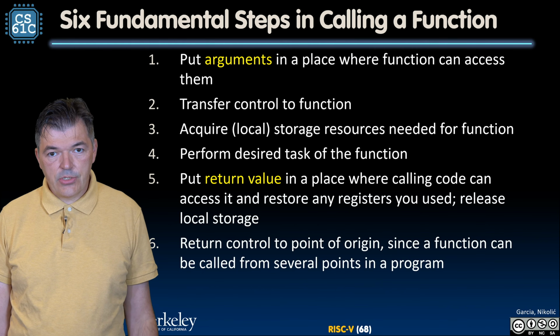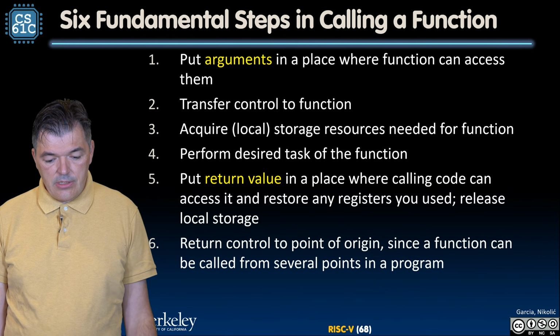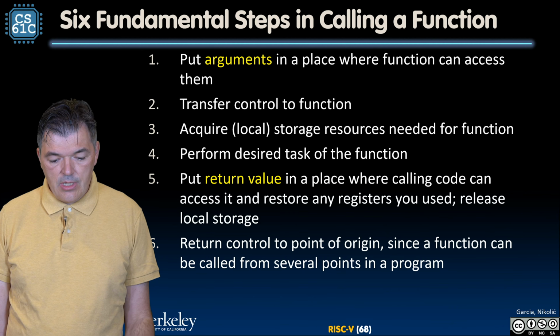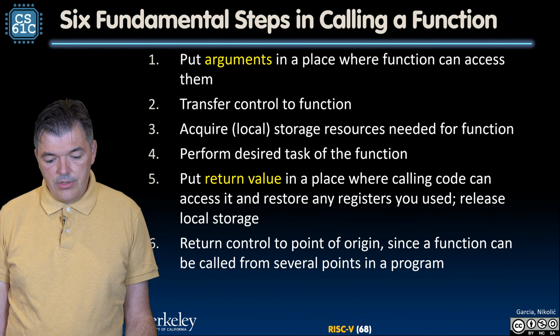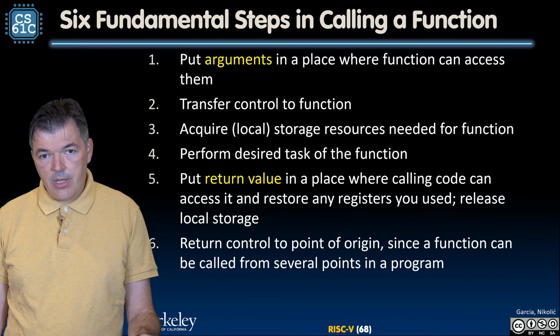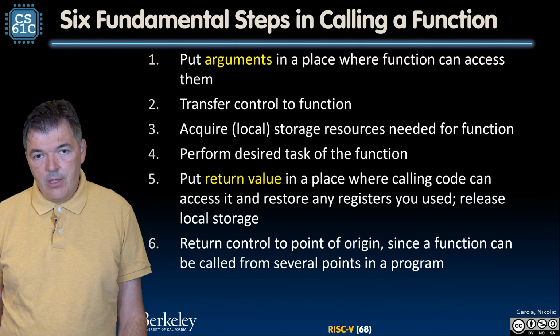Release local storage. 6, return control to the point of origin, since a function can be called from several points in a program and the program is back in control.